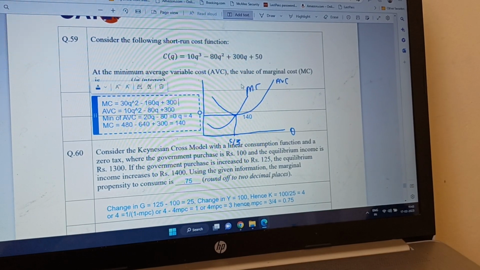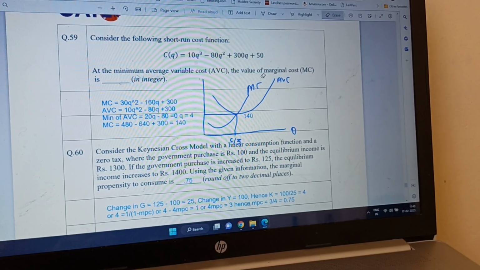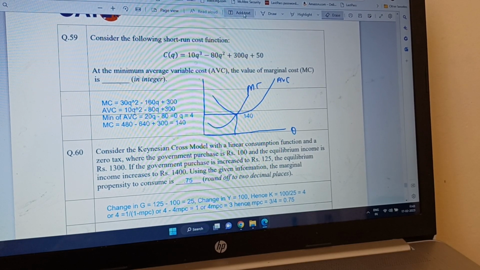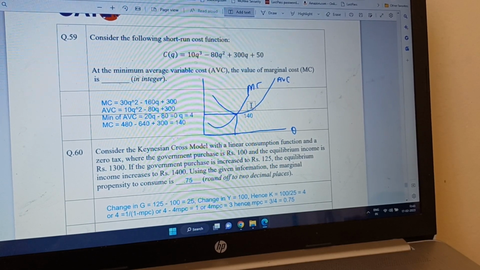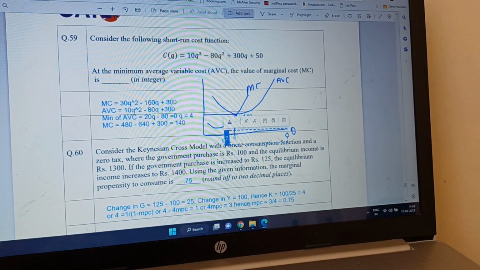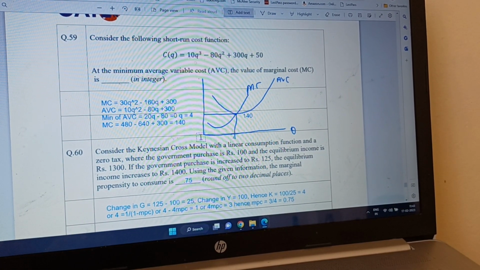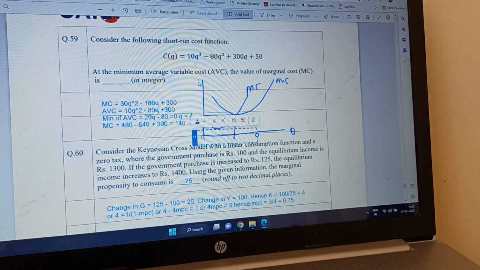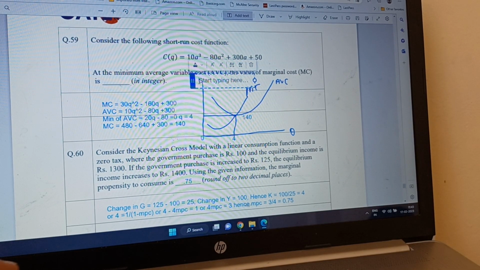So Q is equal to 4. So this minimizes the average variable cost, and here we start with 0, and here it will be C.